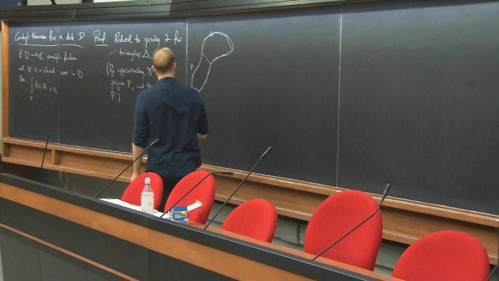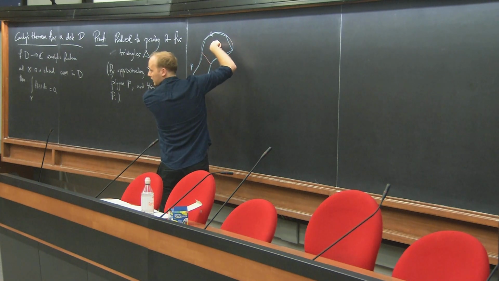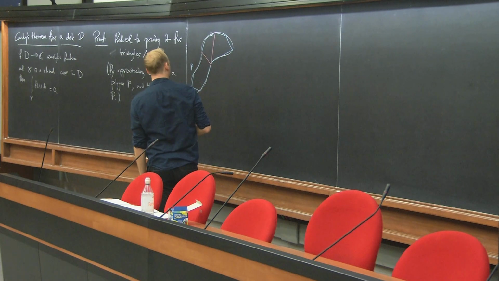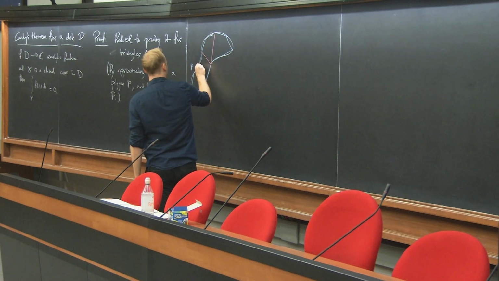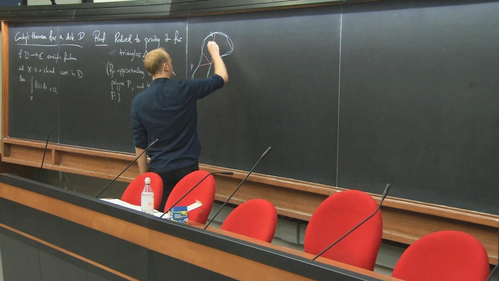So we could divide it like this by finding a diagonal, and now we have 2 polygons, each with fewer edges than before. And then we could repeat the same procedure. So this one I subdivide into 2, and this one too, in case they are more or less convex here.